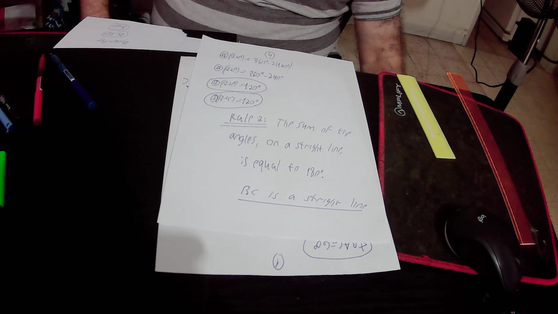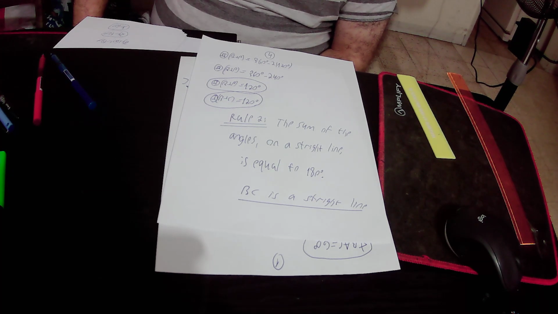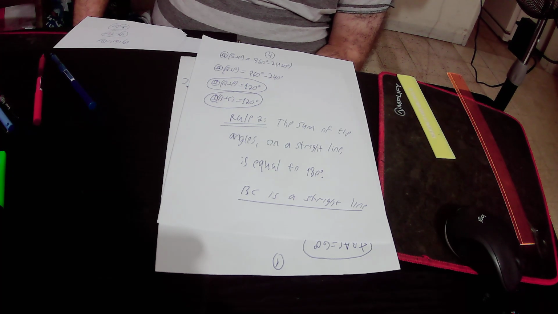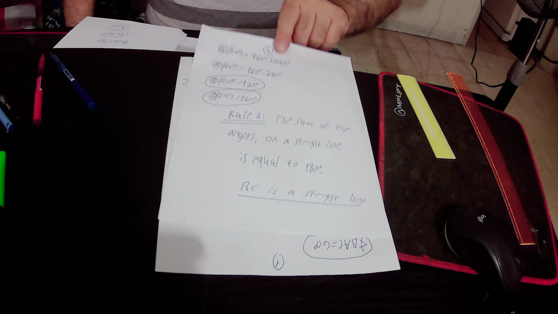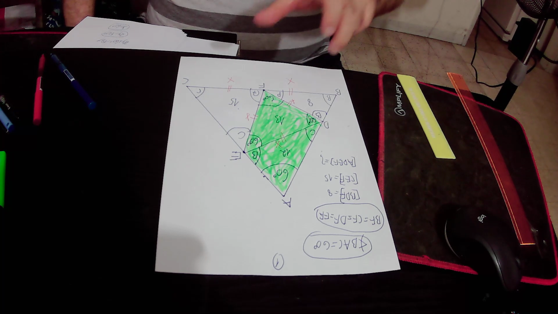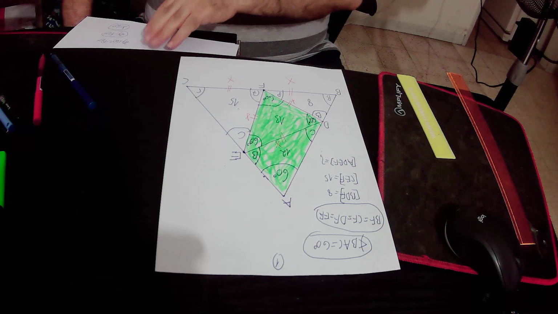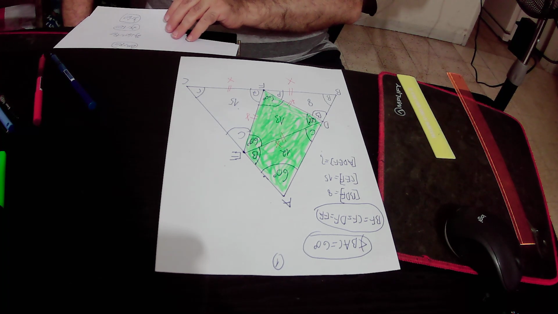Then we have rule number 2 that states that the sum of the angles on a straight line is equal to 180 degrees, and we know that BC is a straight line.